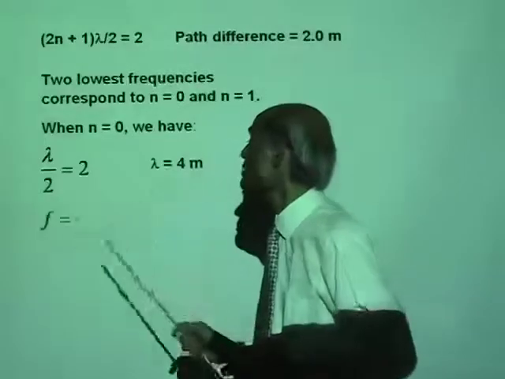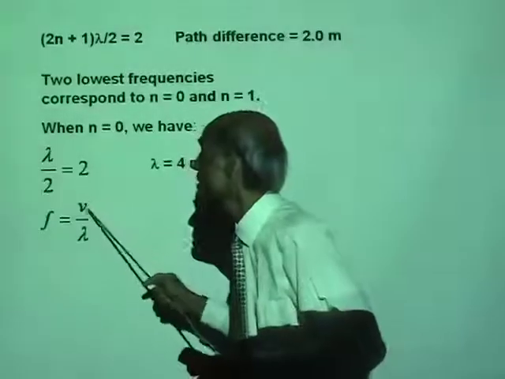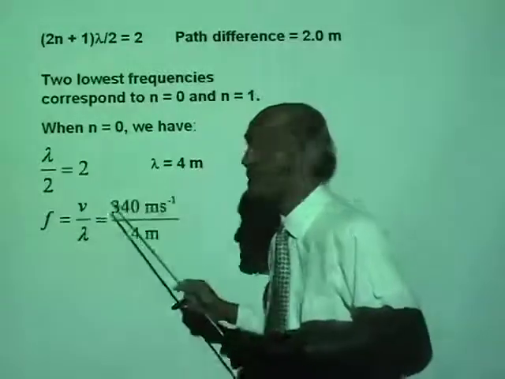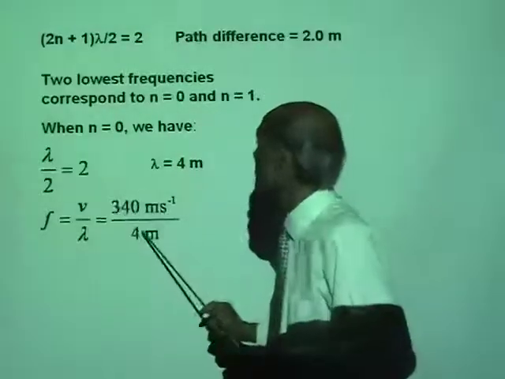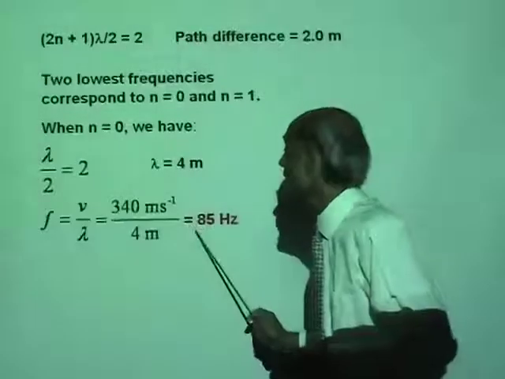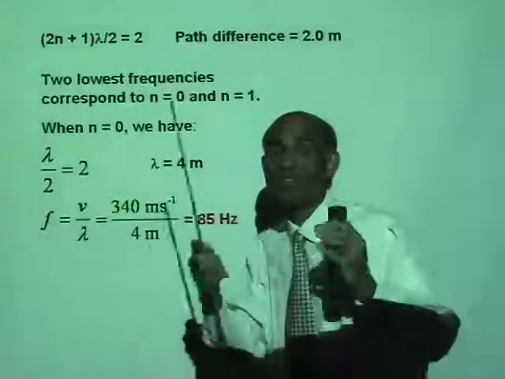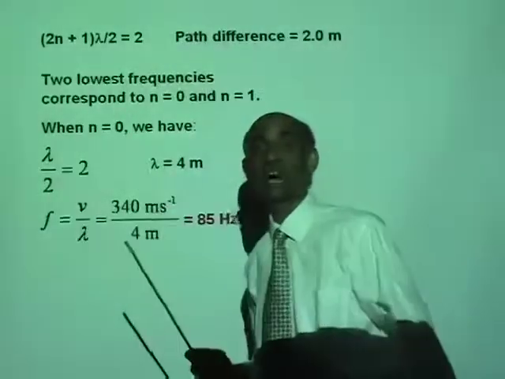Now, if the wavelength is 4 meters, what's the frequency? Frequency equal to V over lambda. V is 340 meters per second, divided by lambda, which is 4 meters. That is 85 Hertz. That is the lowest frequency that will arrive completely out of phase.